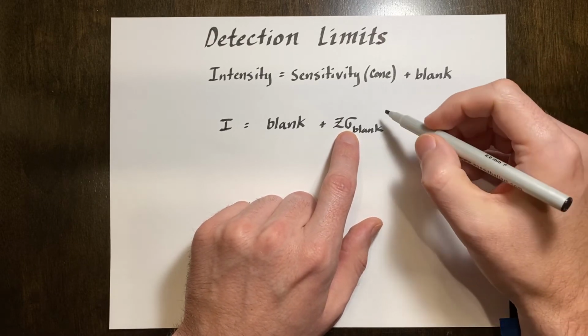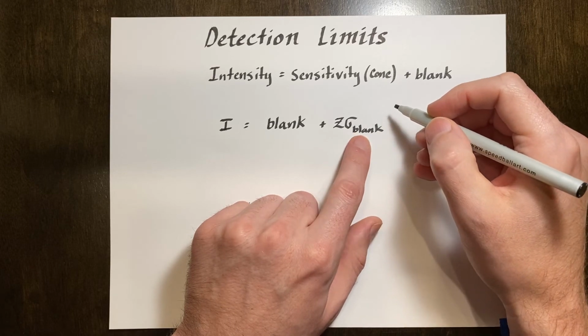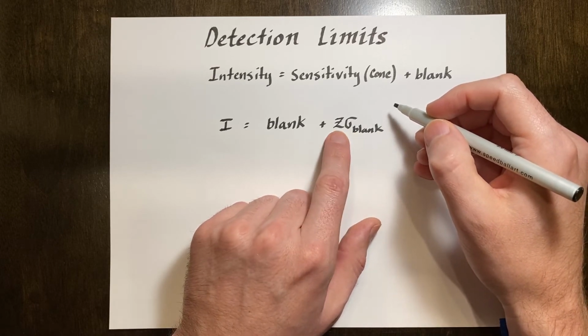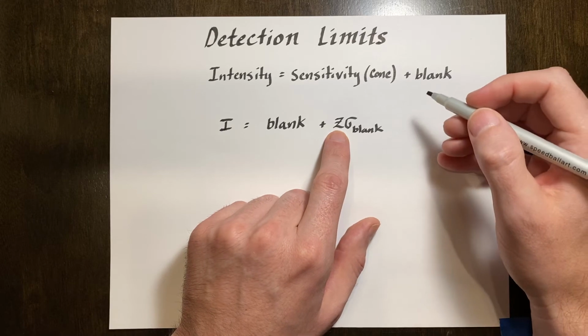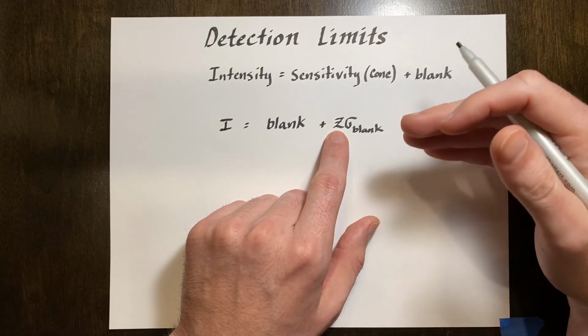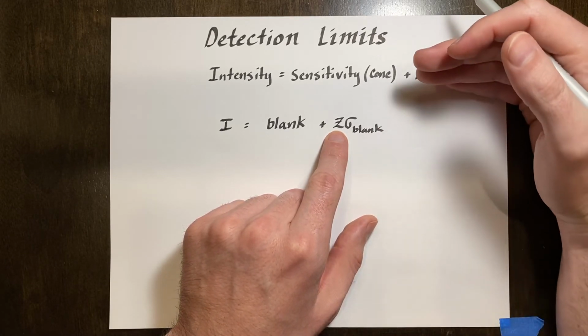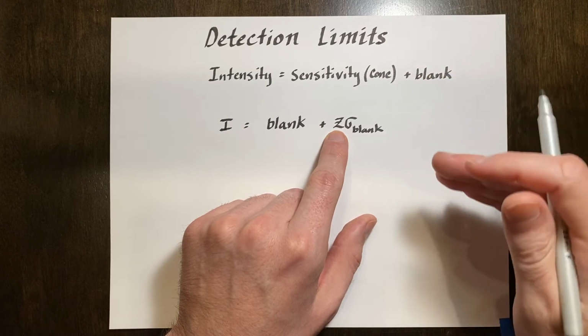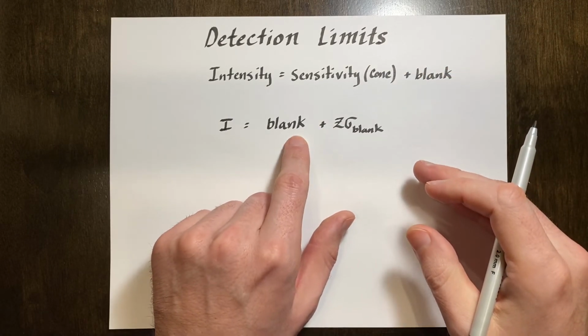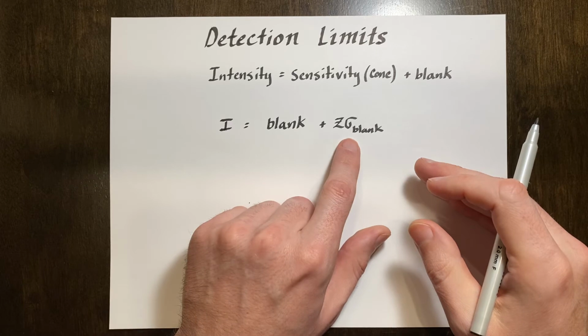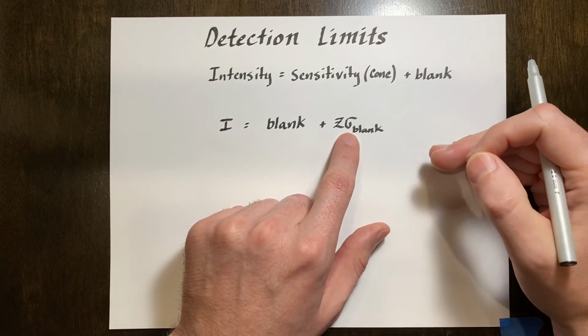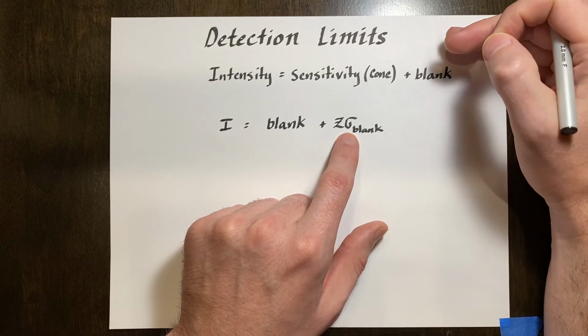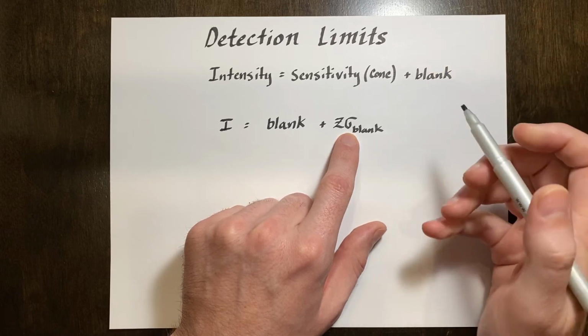So here's the standard deviation of the blank, and then I'm going to multiply it by some number, because I want some amount beyond just the blank. Because there's variability in what the intensity of this is, I need to know for sure that this is beyond that variability.